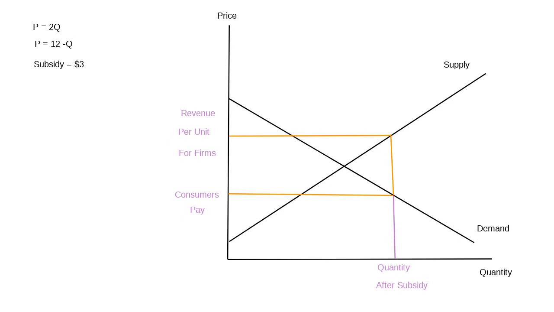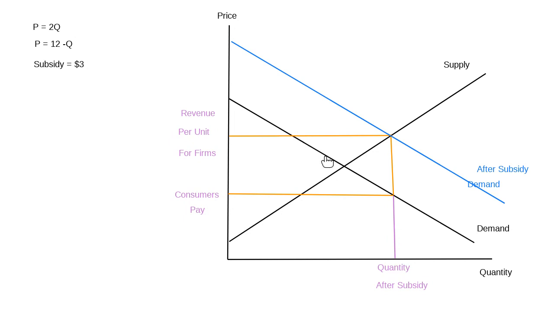All right, so we shift the demand curve up and to the right, right? Again, to indicate this increase in value due to the subsidy. So this is after subsidy demand. Right? Okay.